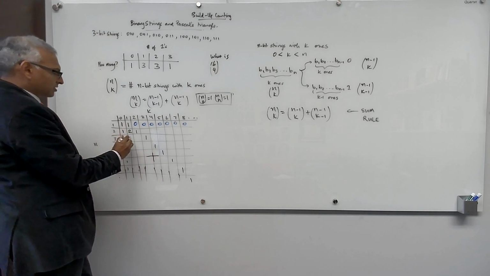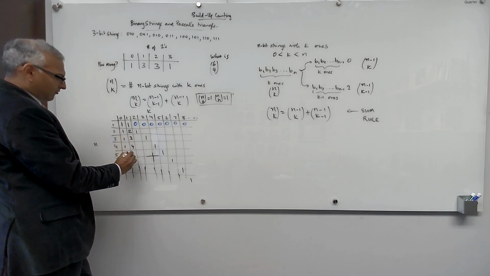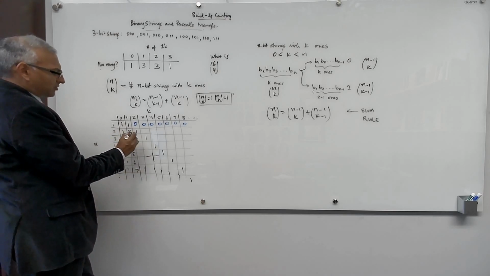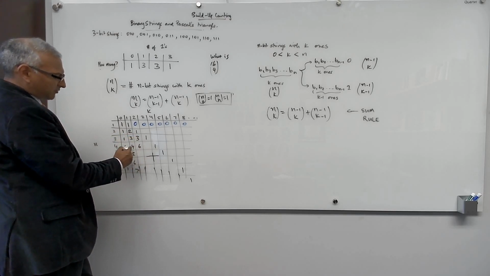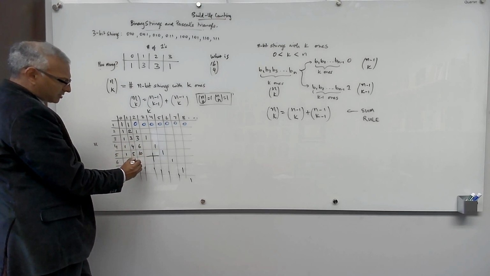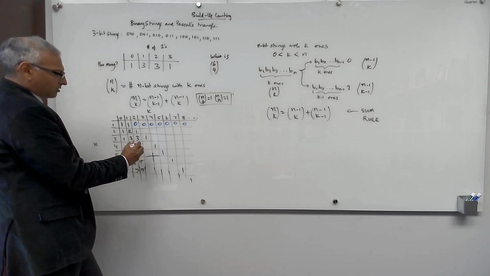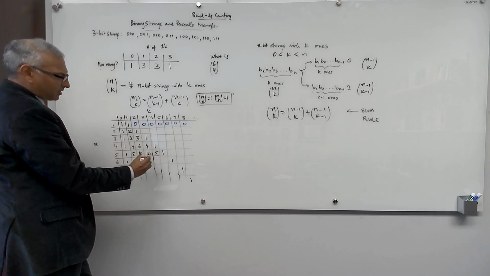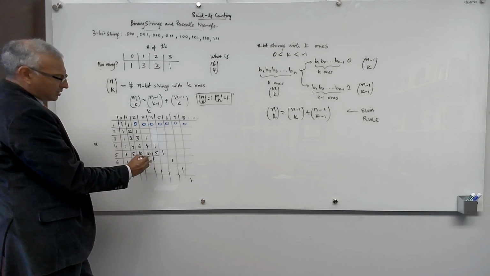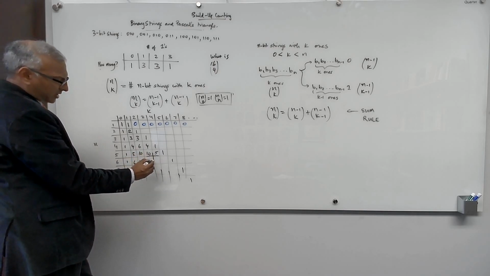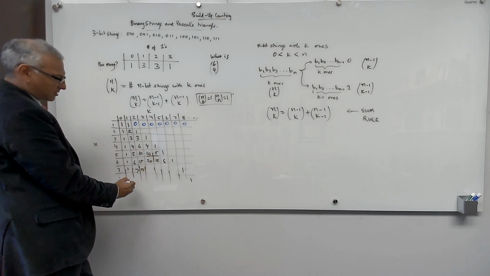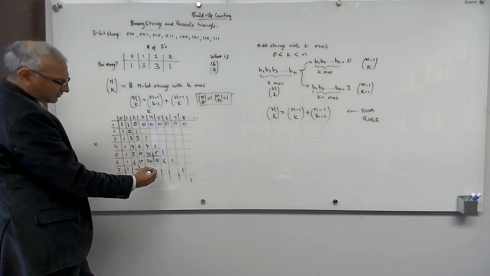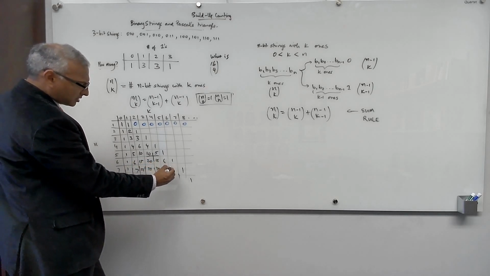These two sum to give 3, 4, these two give 5, 1 plus 5 is 6, 1 plus 6 is 7, and so on. 2 plus 1 is 3, 3 plus 3 is 6, 4 plus 6 is 10, 5 plus 10 is 15, 21, and so on. 3 plus 1 is 4, 6 plus 4 is 10, 4 plus 1 is 5, 10 plus 10 is 20, 10 plus 5 is 15, 5 plus 1 is 6. 15 plus 20 is 35, 20 plus 15 is 35, 21, 7, 1, and so on.